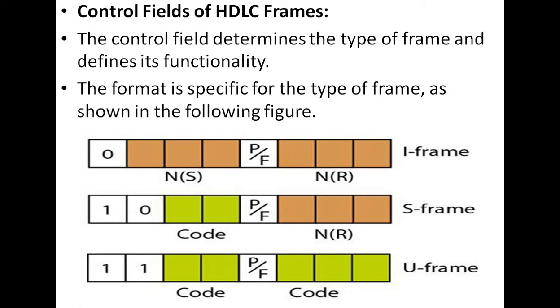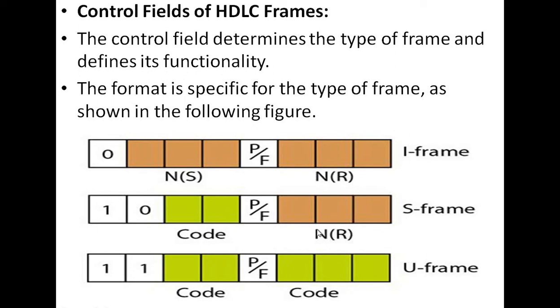And why is it used? S-frames are used for flow and error control whenever piggybacking is impossible. S-frames don't have information fields. If the first 2 bits of the control field are 1 and 0, that means the frame is an S-frame.